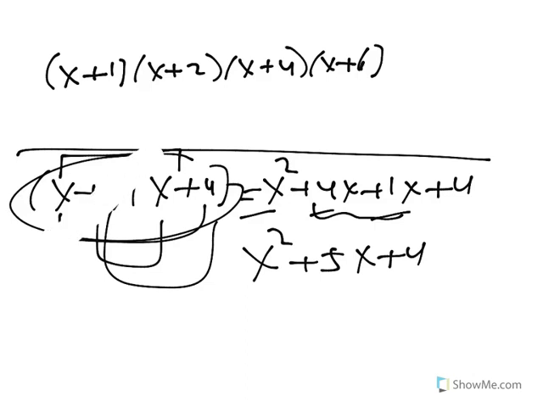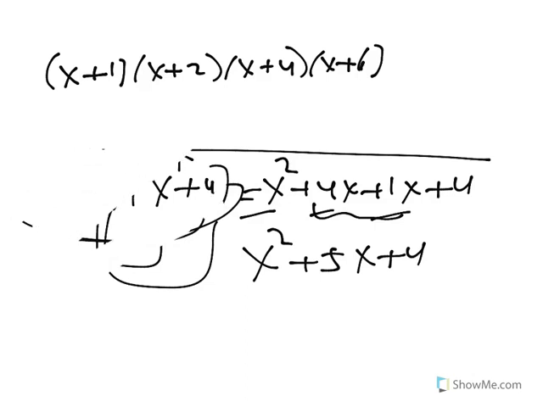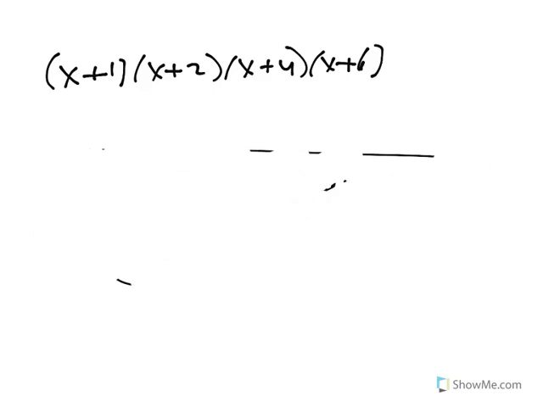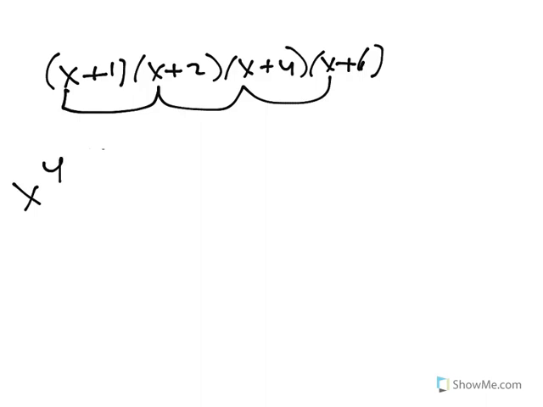Each term would use one thing from each parentheses. For example, I could use this x with this x with this x with this x to get x to the fourth.